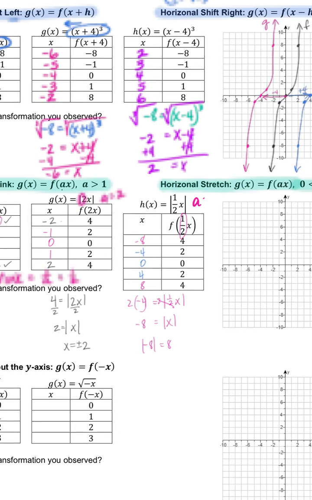Here, our a is 1/2. If I did 1 over 1/2, that's just 2, which is why we multiplied both sides by 2. So just remember, a horizontal shrink is 1 over a. A horizontal stretch is 1 over a too, but your fraction is going to flip, so you do the reciprocal.